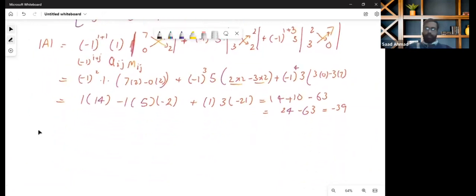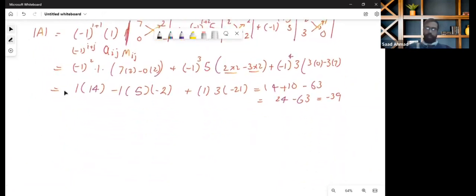And just one more thing, and there are many other things, but let's just tell one more thing and then we move on to the next. So there are matrices whose determinant is 0.